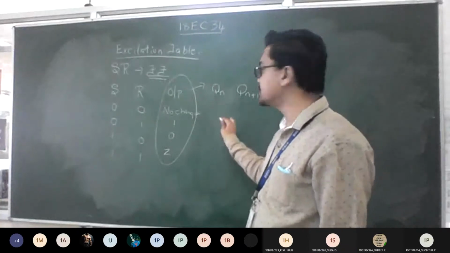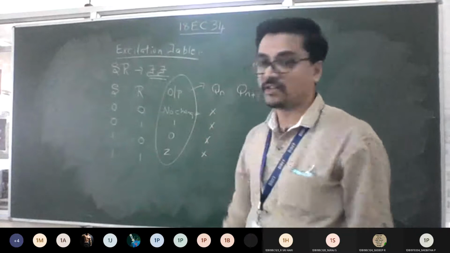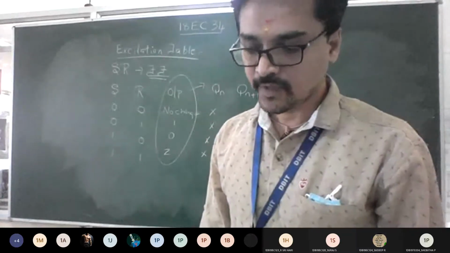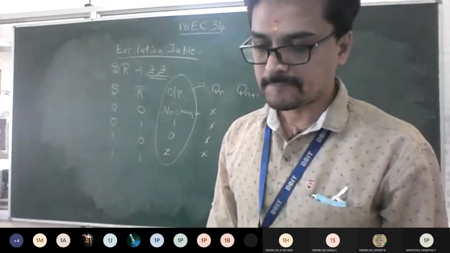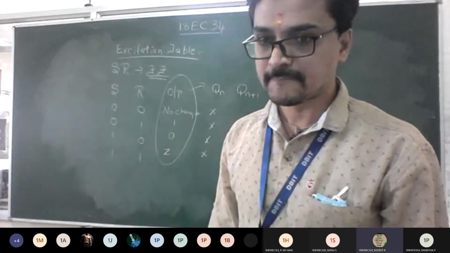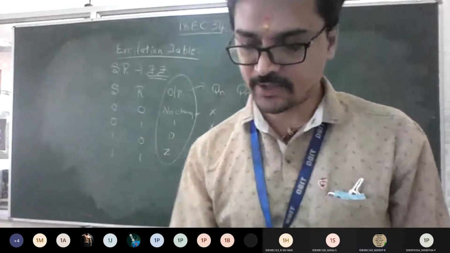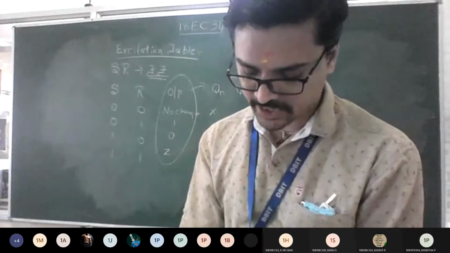Fine. See what I will do. I will keep this present state as X. What is the meaning of X? Either 1 or 0, sir. It's a don't care condition, either 1 or 0.